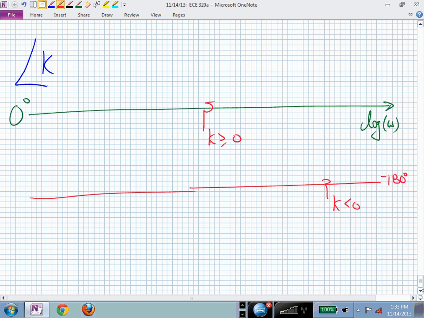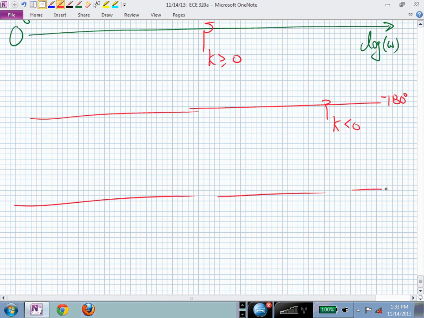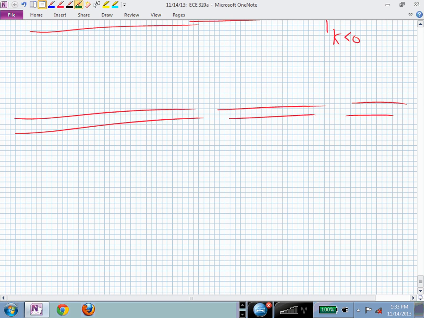Let's look at the linear factor. This is now tau s plus 1, which when we're marching up the imaginary axis, we replace s with j omega.